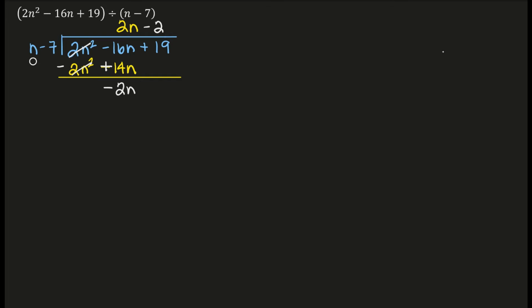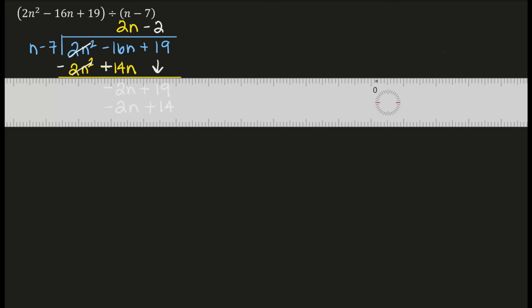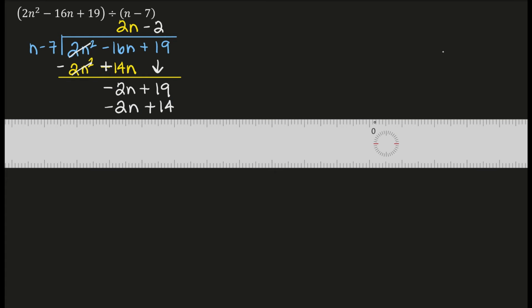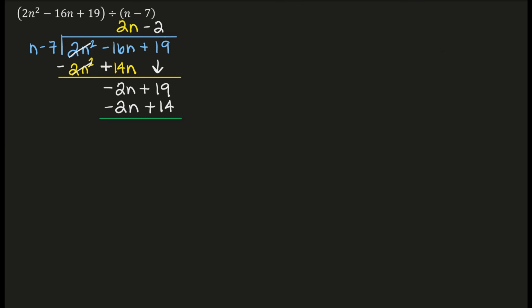And now we multiply. What's n times negative 2? Well, that's negative 2n. We forgot to bring down our 19. And then negative 7 times negative 2 gives me positive 14. So here I'll draw my line and I'll change my signs. So I'll make this a positive and this a negative.